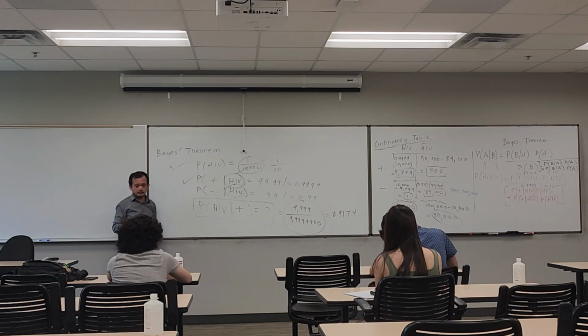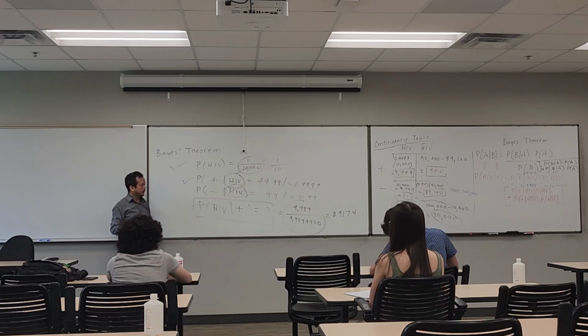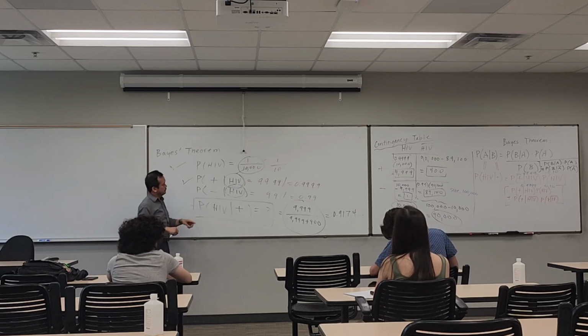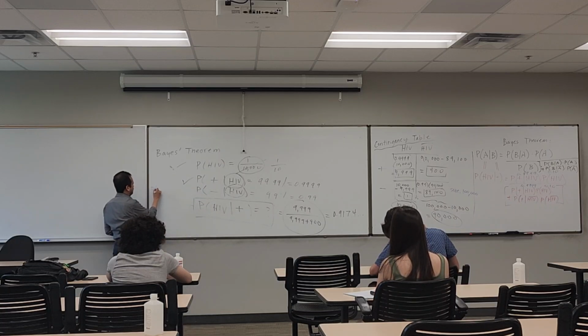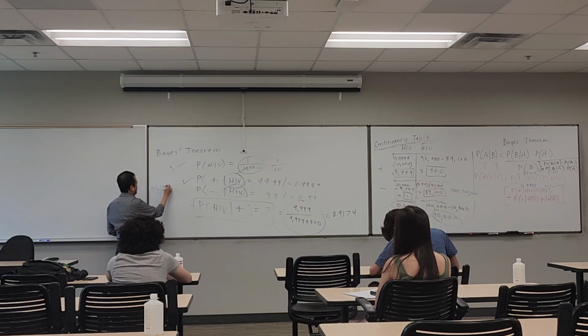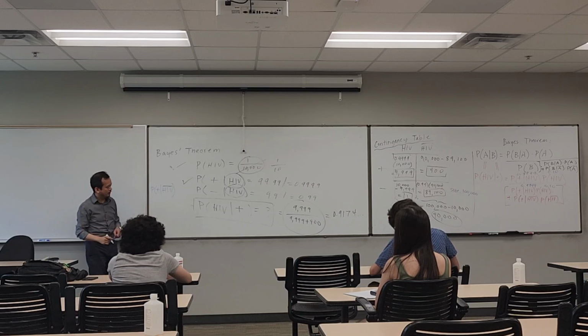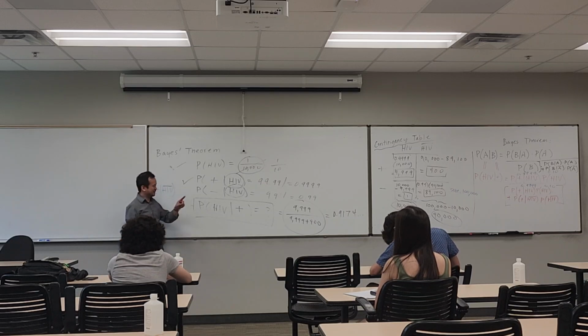So of these two probabilities, there's none that look exactly like the one we're trying to find, which is the probability of testing positive, given that we don't have HIV. So what do we just do, 1 minus 0.9999? Close, but not quite, so let's talk about it.